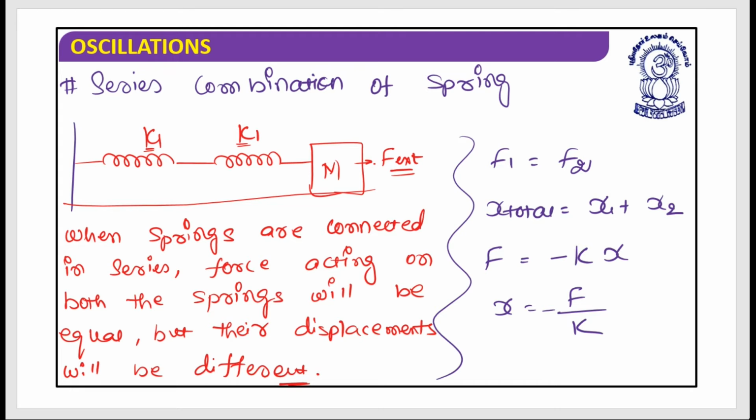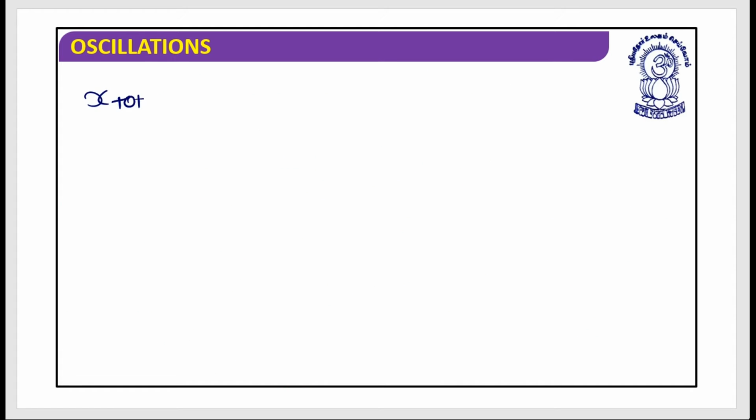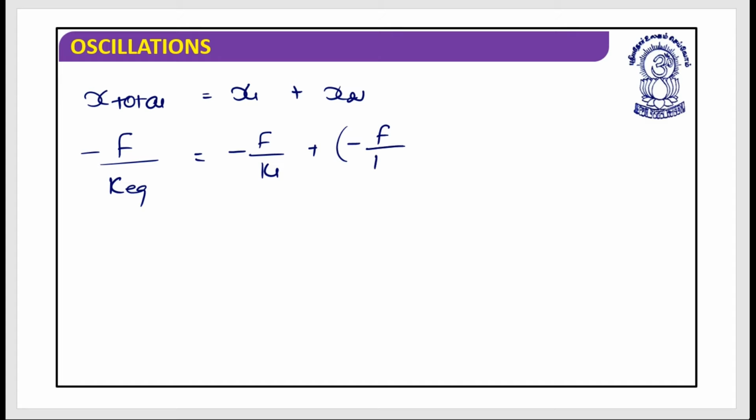So in this situation, this x total should be equal to x1 plus x2, and this is equal to minus F divided by k equivalent is equal to minus F divided by k1, plus minus F divided by k2. If this force is removed, then the minus sign could be removed. So this 1 by k equivalent could be written as 1 by k1 plus 1 by k2.